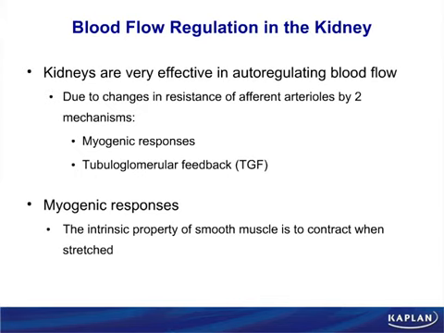Myogenic response means that when you stretch the smooth muscle cells of the afferent arterioles, it causes them to contract. So that's quite simply a stretch response. So when you stretch the smooth muscle cells, that causes them to contract, and that causes vasoconstriction. That's the myogenic response.